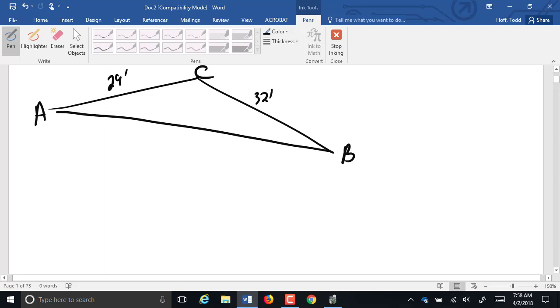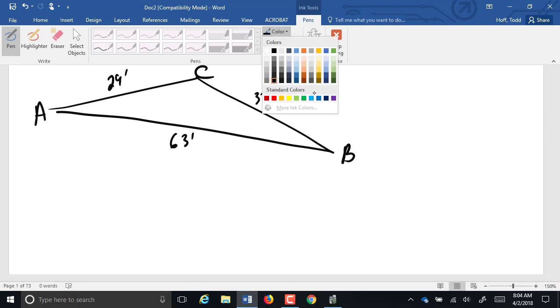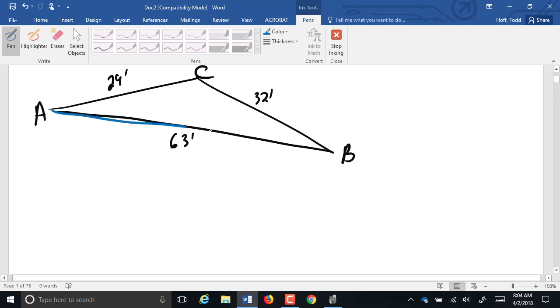Try that one. Anybody get an answer? How long is this side here? 63.